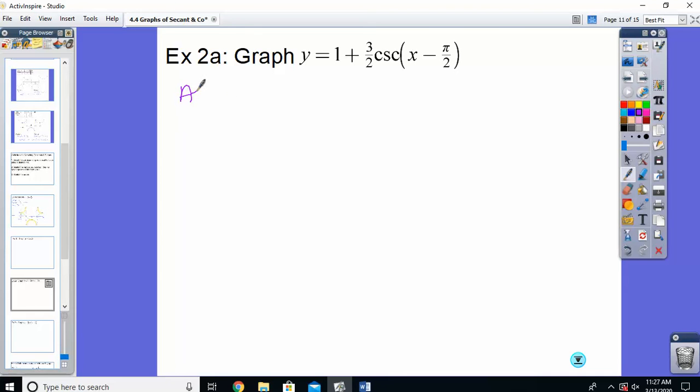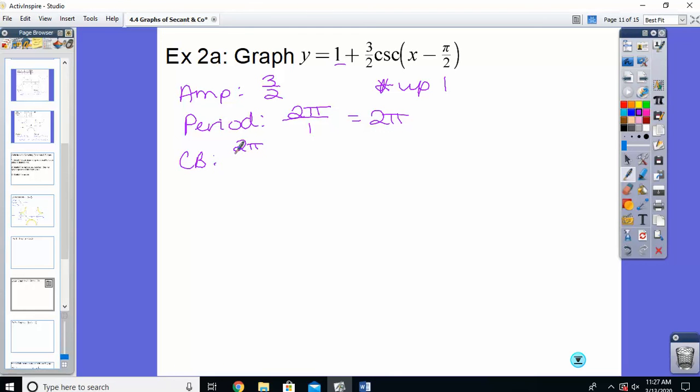Amplitude. There you have it. What's this 1 do? Okay, period. Normal period for secant and cosecant is 2 pi divided by the coefficient of x, which is just a 1, so period is 2 pi. Count by period divided by 4, pi over 2.